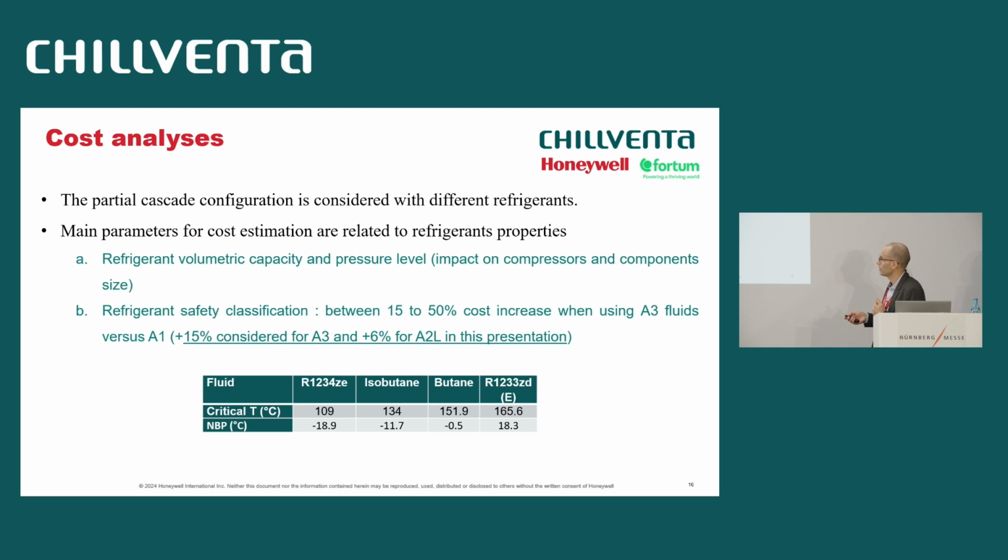And also we estimate an additional cost for A3 refrigerant. So for A3 refrigerant, the cost can be different from case to case. We have an estimation around 15 to 50% higher cost. And for our calculation, we use 15% for A3, 6% for A2L.